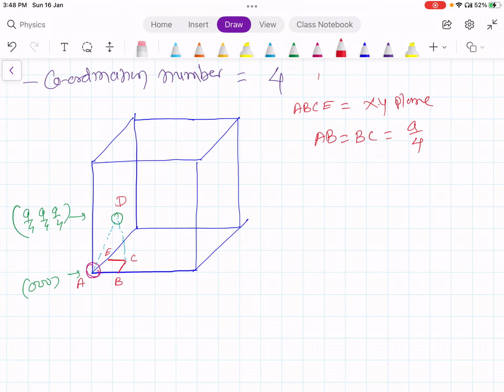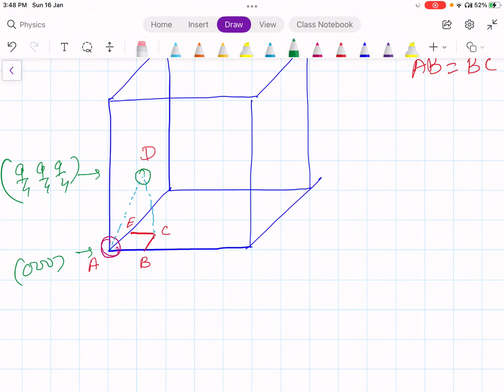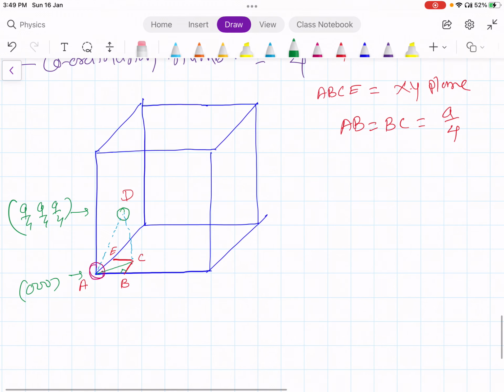That is the X coordinate and Y coordinate. Now I want to find this AC. I am drawing the line here, AC. This angle over here is 90 degrees. Therefore, AC we have to find.